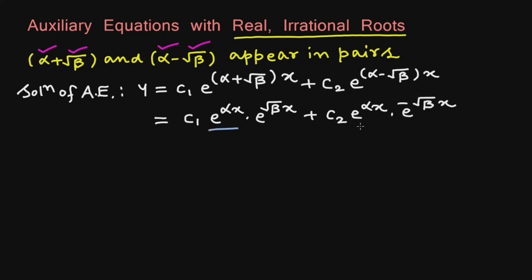Taking e raised to alpha x as a common factor, y is e raised to alpha x into c1 e raised to root beta x plus c2 e raised to minus root beta x.